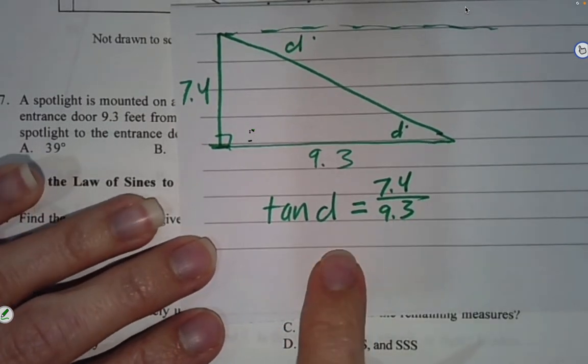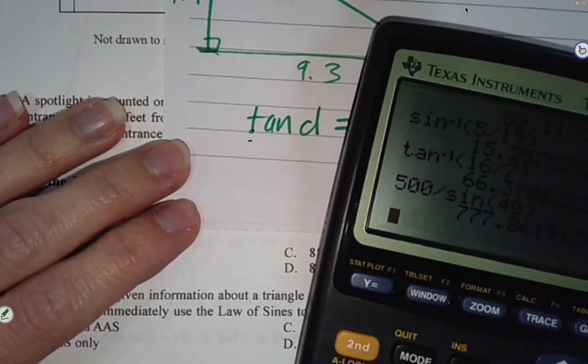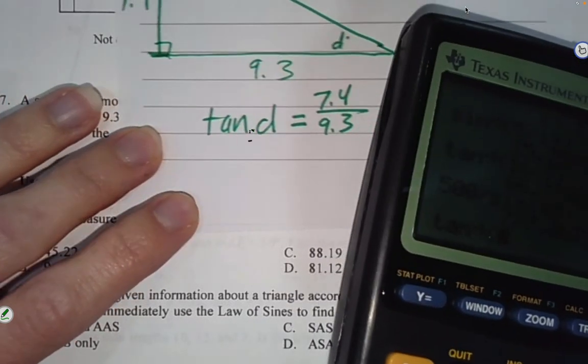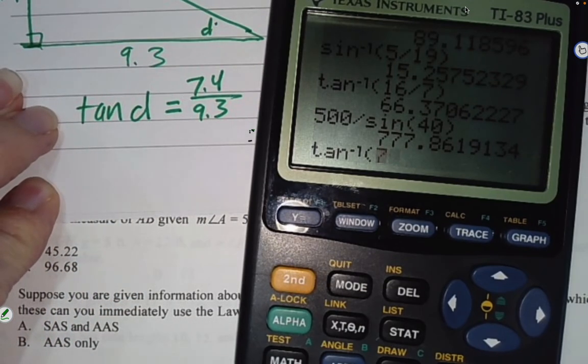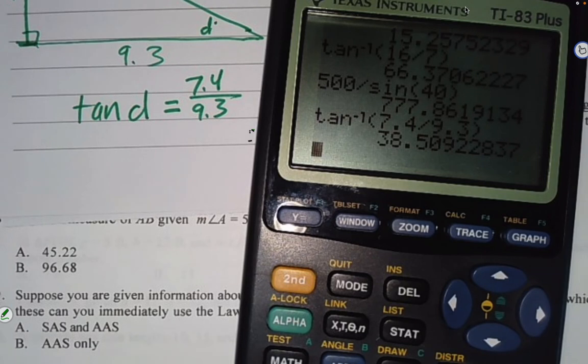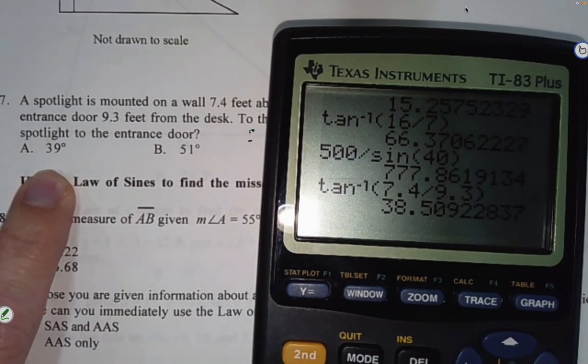You have to press second tangent or tangent inverse. So that's what I'm going to do. Tangent inverse, second tangent. And then I'm going to type in my numbers. 7.4 divided by 9.3. And I get 38.51. Let me see how they rounded. Oh, they rounded to 39. So 27 is A.